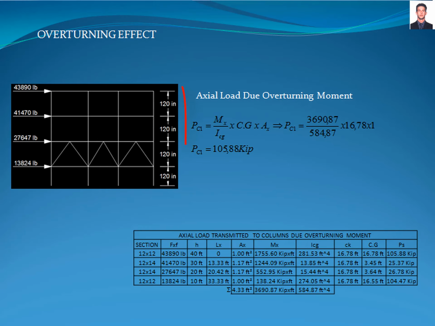Finally, we calculate the axial loads transmitted to the columns due to overturning moment, giving for this column 105.88 kips. In this frame are tabulated the axial loads due to overturning moment on columns; 2 work in tension and 2 work in compression.